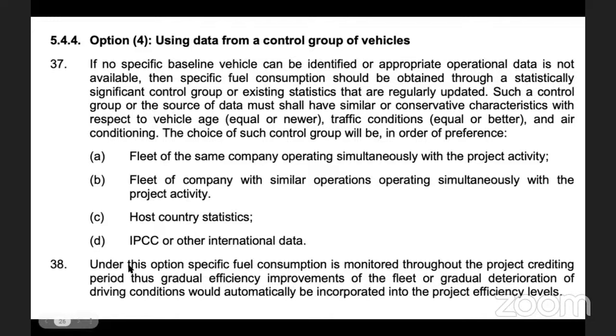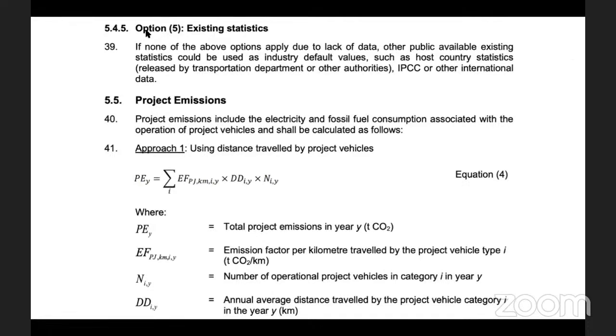Under this option, specific fuel consumption is monitored throughout the project crediting period. Thus, gradual efficiency improvement of the fleet or gradual deterioration of driving conditions would automatically be incorporated in the project efficiency levels.